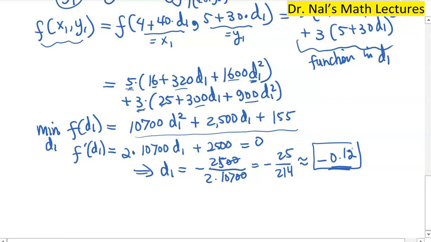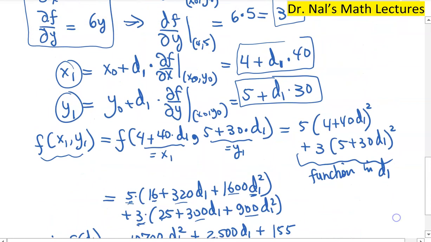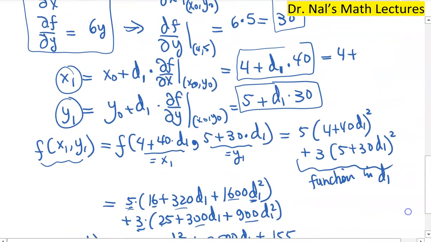Now that we know the value of d1, we can find out the value of x1 and y1. So x1 and y1 come out as 4 plus d1, which is minus 0.12 times 40, and 5 plus minus 0.12 times 30.